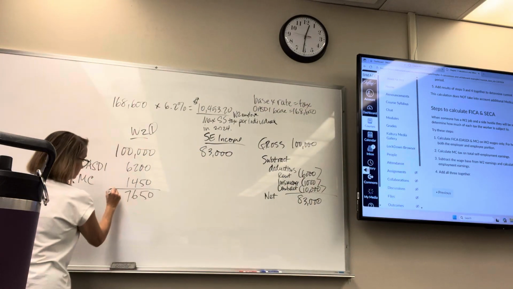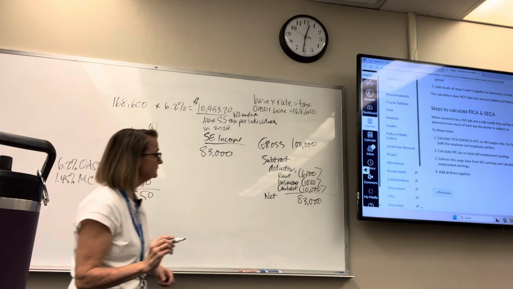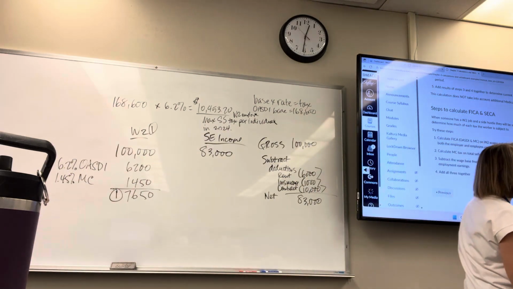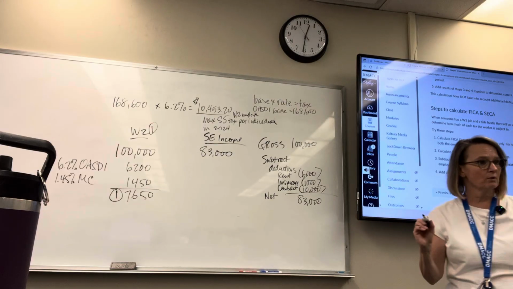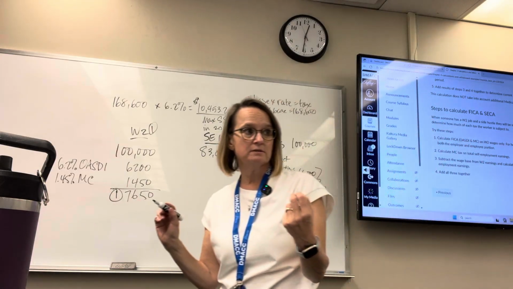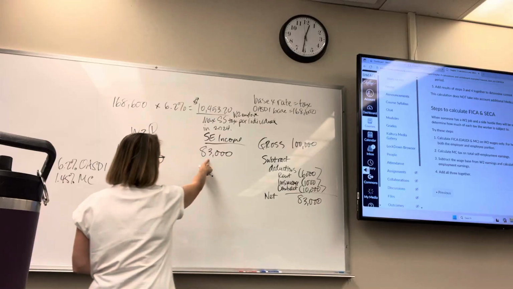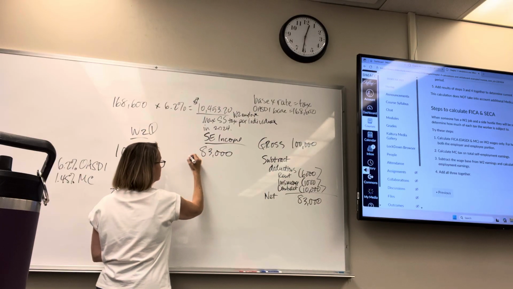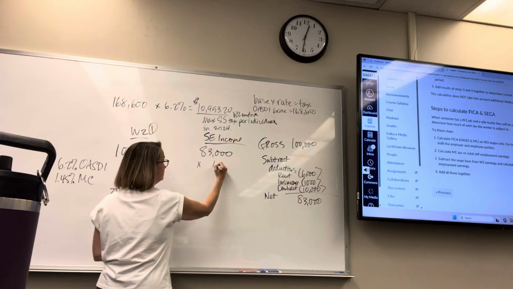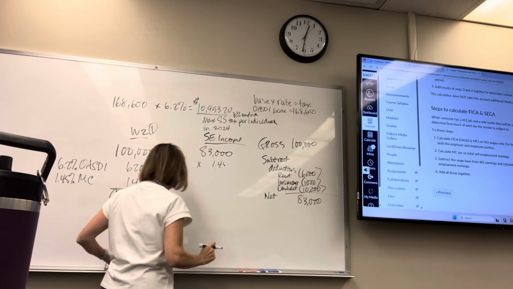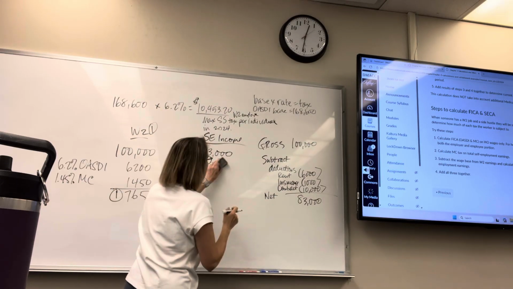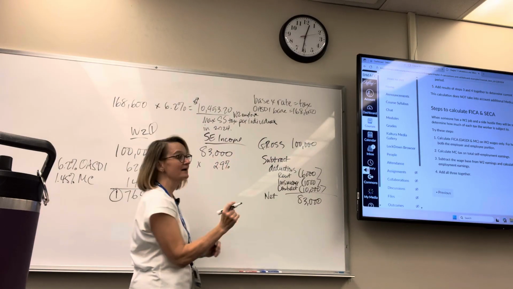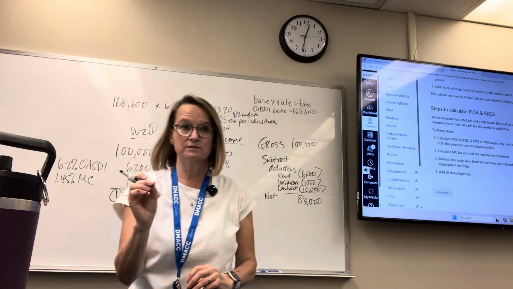All right, that's step one. We've done that. Step two, calculate the Medicare tax on total self-employment earnings. We're only going to calculate the Medicare tax on this. So here's our self-employment earnings. So this is step 2 times 1.4, oops, sorry, it's not 1.45, it's 2.9% because it's self-employment tax.